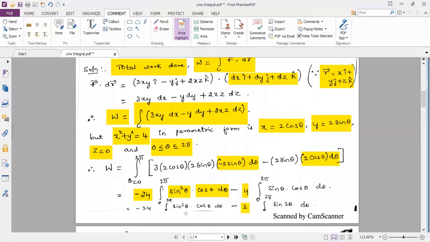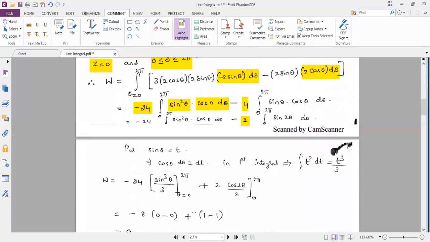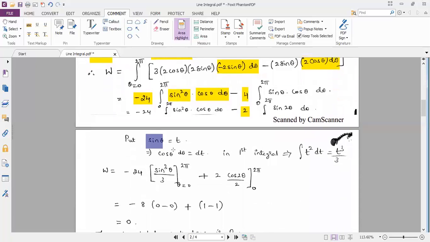In the first integral, we make use of the substitution: sin theta as t, and differentiating, cos theta d theta will be dt. We substitute this expression in the first integral to obtain the integral of t square dt. The integral of t square dt is t cube divided by 3.